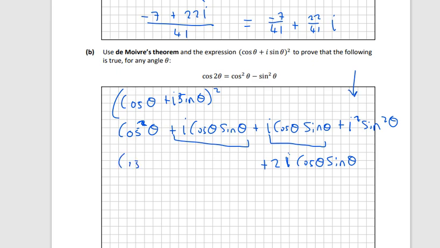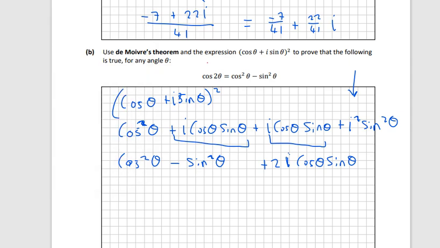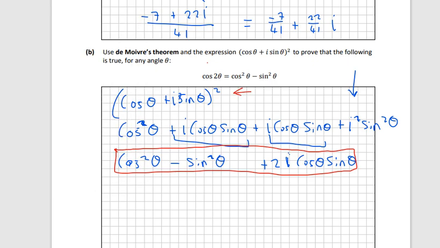Therefore, it's cos squared theta minus sine squared theta. That's what we're getting when we just expand it out. Now, I'm also going to write this expression here in a different way.